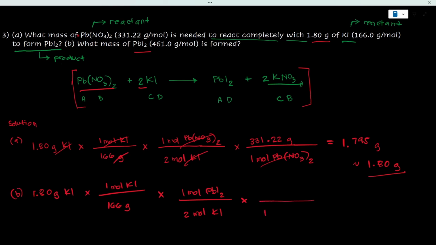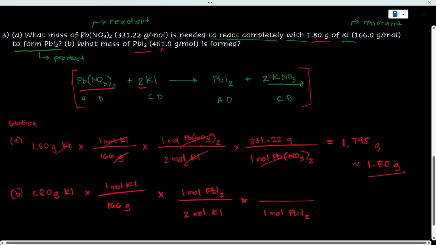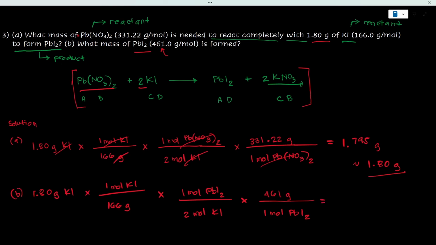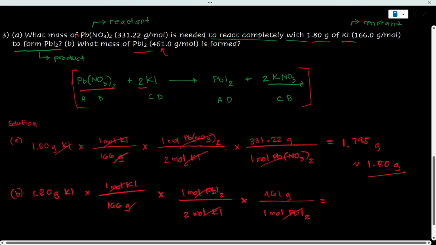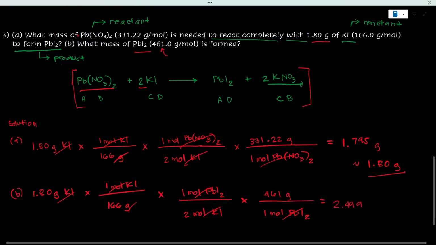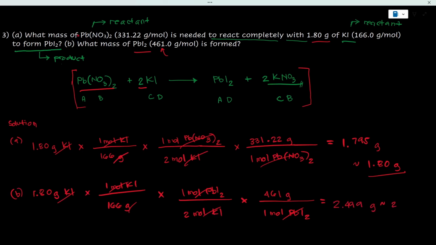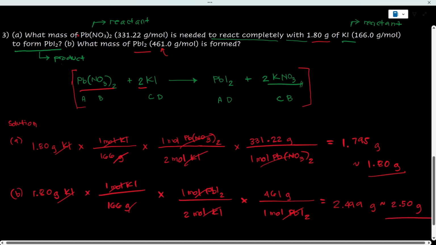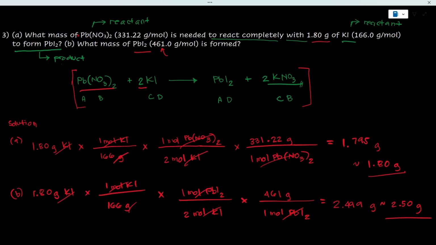Then 1 mole PbI₂ has a molar mass of 461 grams. We can cancel the moles and the grams KI, leaving us with grams PbI₂, and that would be 2.499 grams, or simply 2.50 grams. Okay, so that's how you solve stoichiometric calculations based on balanced chemical equations.